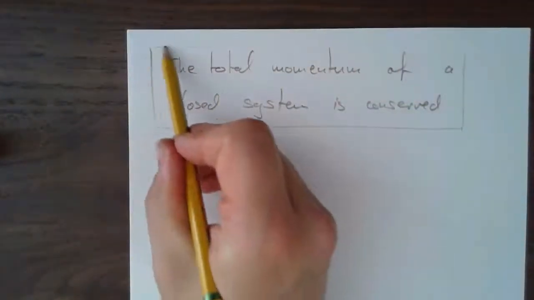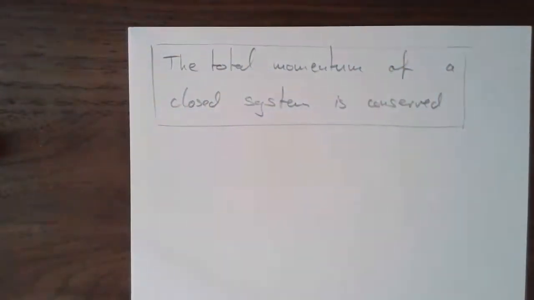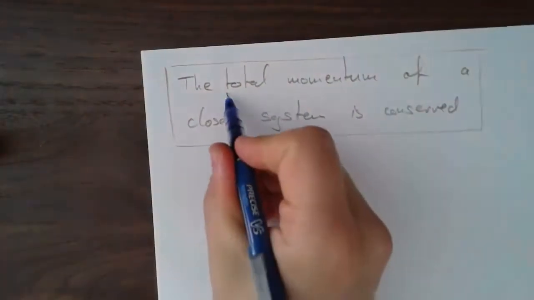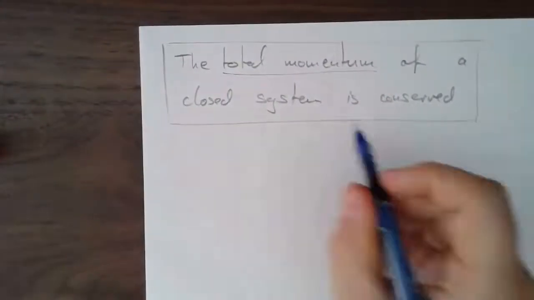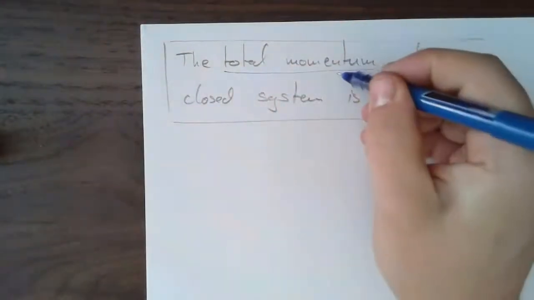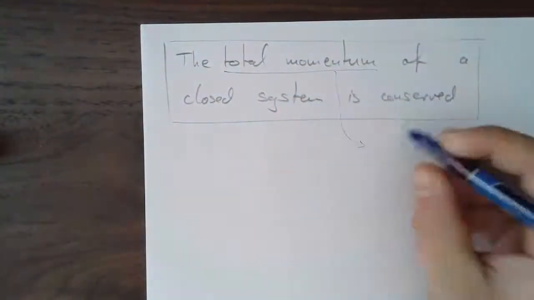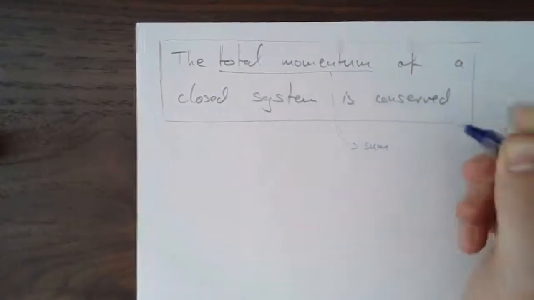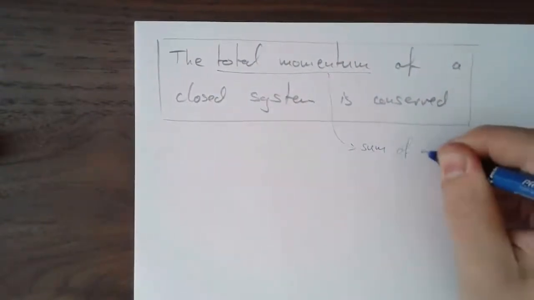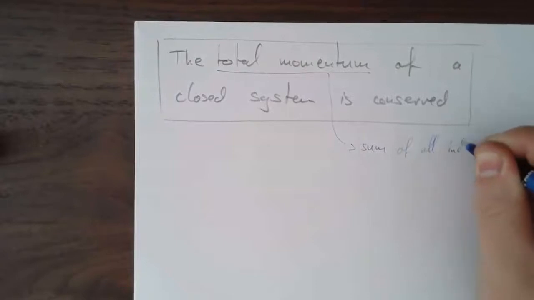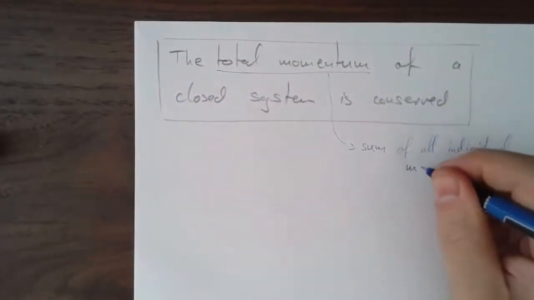Let's annotate this to make sure we understand it. So the total momentum, what do we mean by that? By that we mean the sum of all individual momenta.